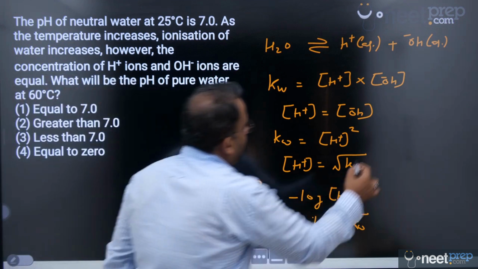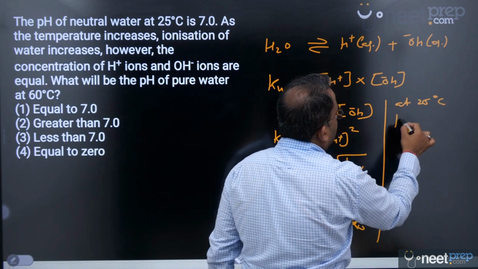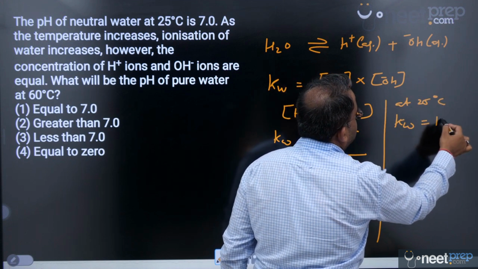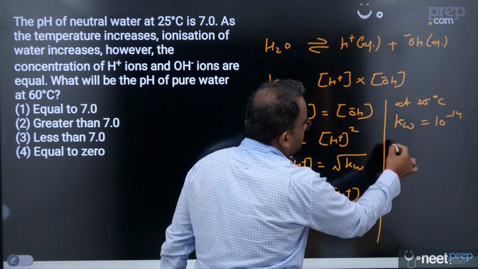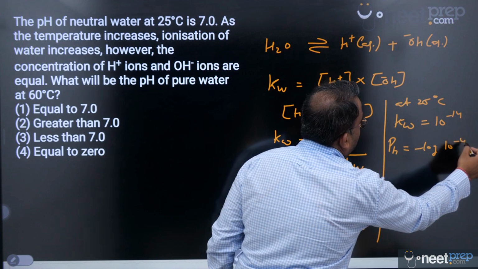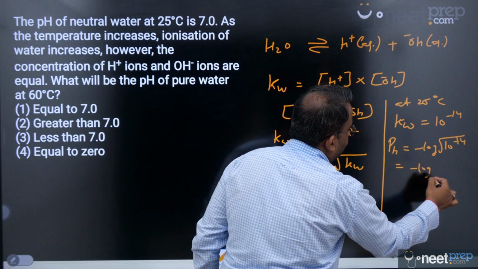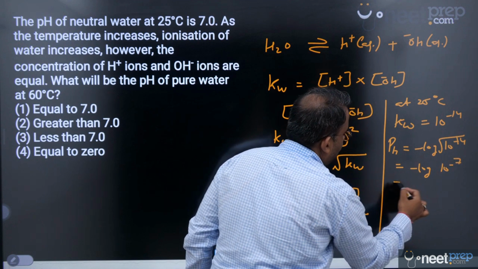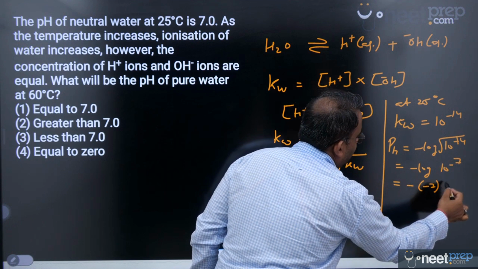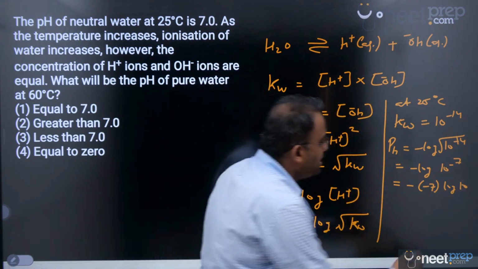Now at 25 degrees Celsius, value of Kw is 10 raised to the power minus 14. So pH will be minus log of square root of 10 to the power minus 14, or minus log of 10 to the power minus 7, which is minus 7 log of 10 using the properties of log, and log 10 value is 1.